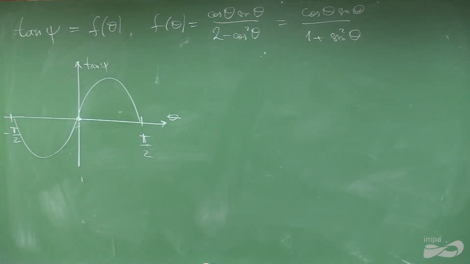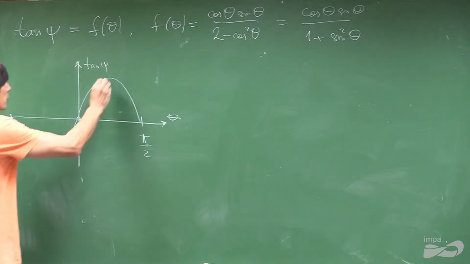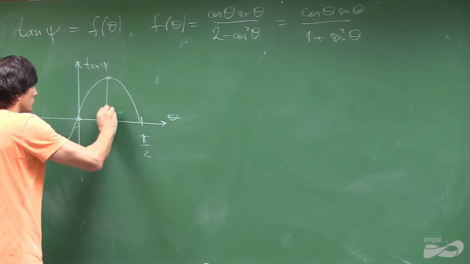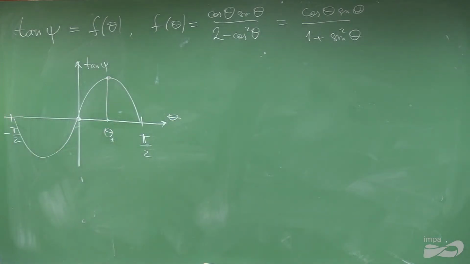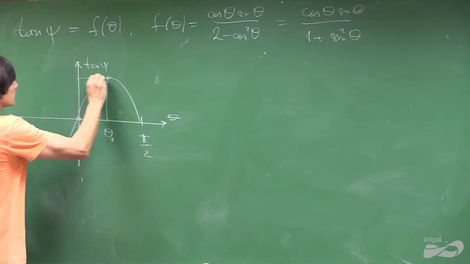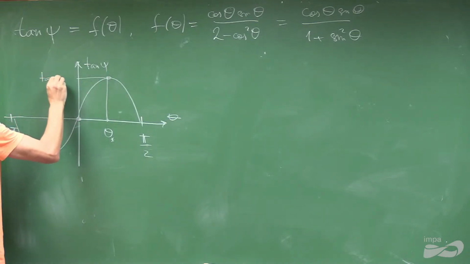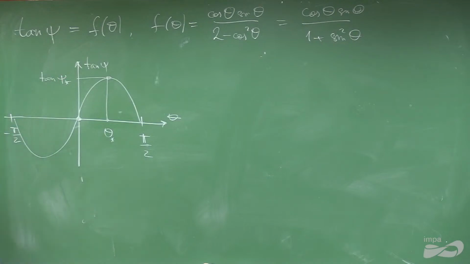That's a drawing, and then it has a maximum and minimum. The maximum occurs at a certain theta star, and at a certain tangent of psi star. So you can compute these two values.